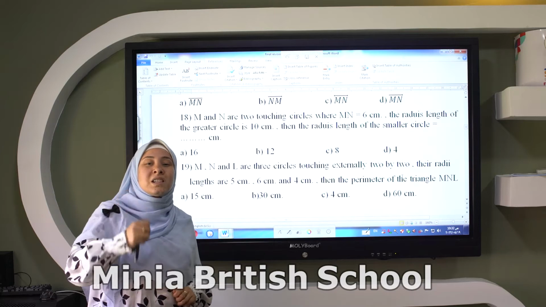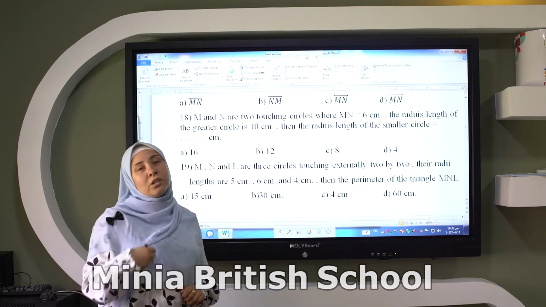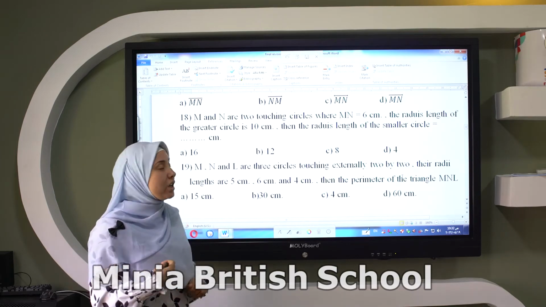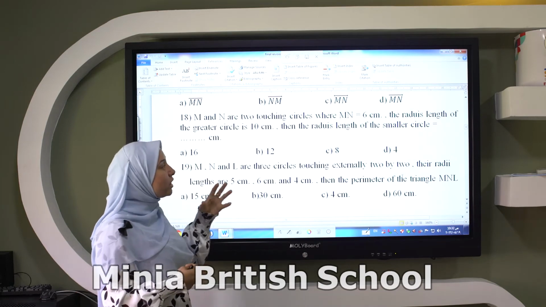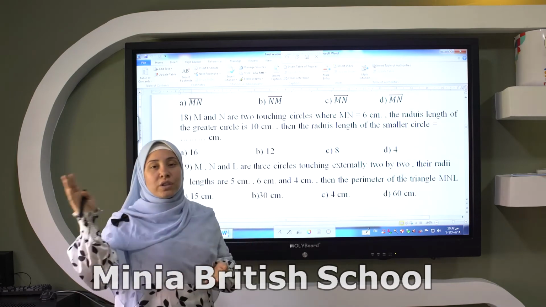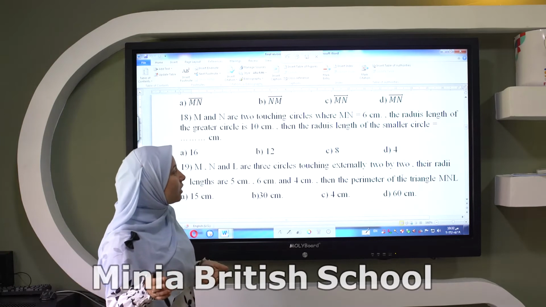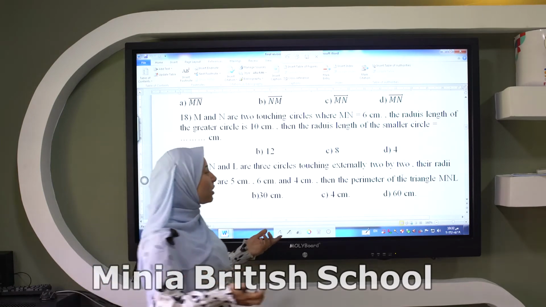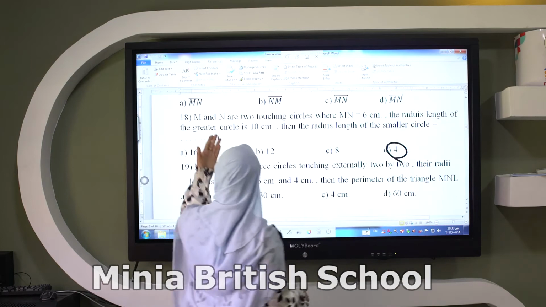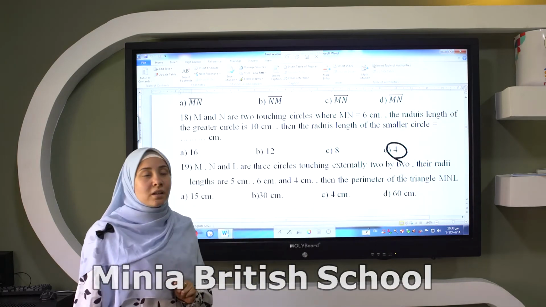Then the two circles here must be touching internally. So the difference between the two radii equals 6. So the radius length of the smaller circle equals 4, okay? Because 10 minus 4 equals 6 centimeter.